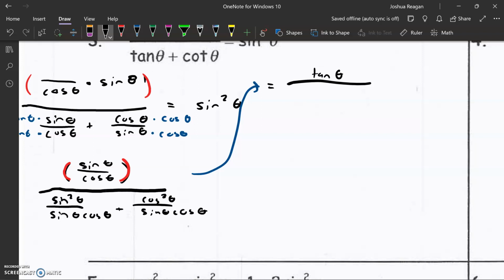So on the bottom we have sine squared plus cosine squared of theta over sine theta cosine theta.